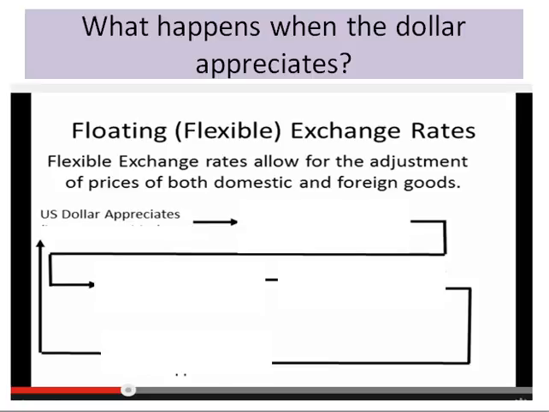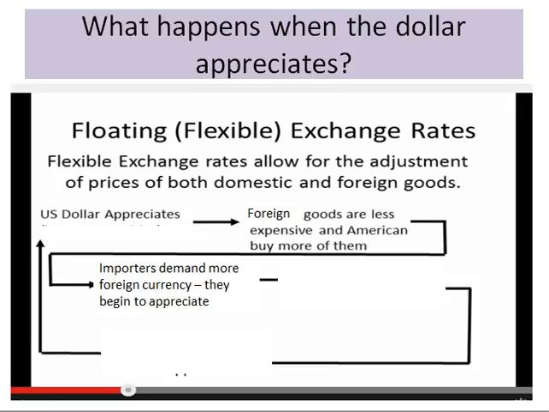So something causes the US dollar to appreciate. When this happens, foreign goods are less expensive to US consumers, and US consumers are eager to purchase more and more of them. When this occurs, our imports will increase and net exports will decrease.